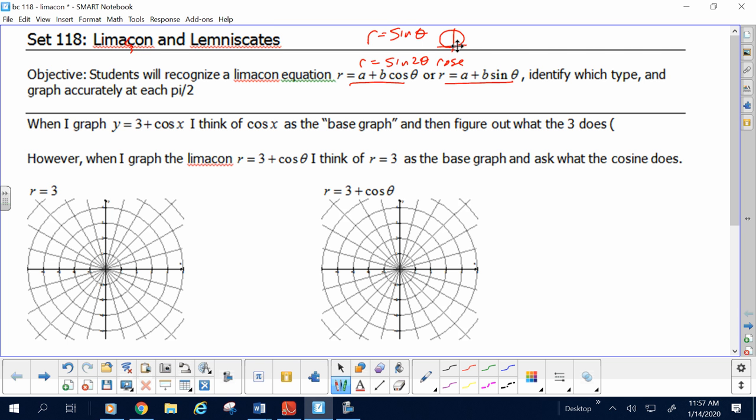It's important to know, first of all, that transformations in polar are totally different than transformations in functions. Say the graph looks like this, 2 pi, 2, 3, and so on, -3, right?